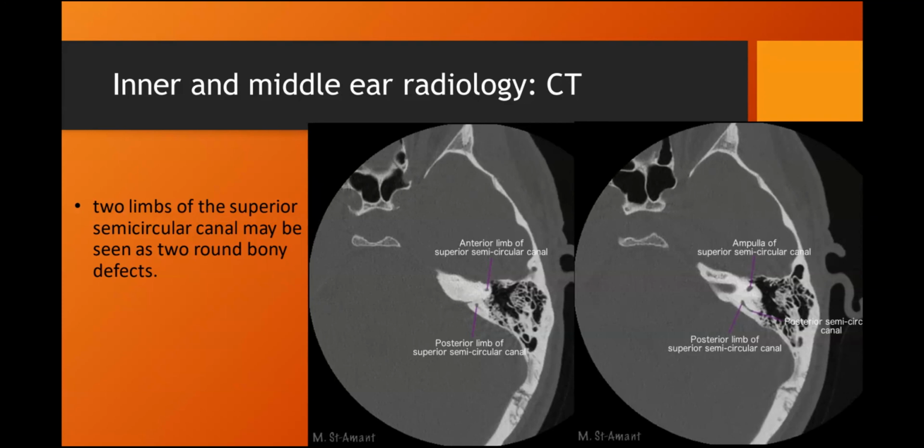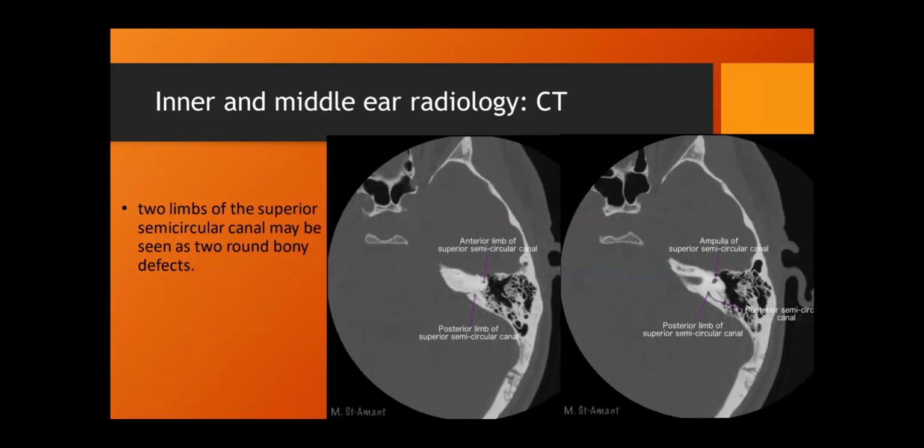So we say the anterior limb of the superior semicircular canal, then the posterior limb, and then we will start to go downward. Here these are the bony defects of the anterior and posterior limbs of the superior semicircular canal.